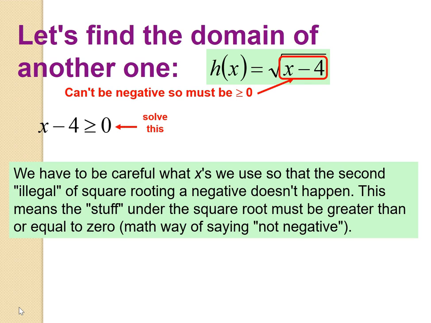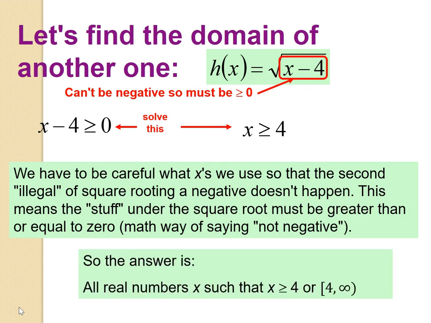And there's your inequality, and you can solve that. We add 4 to both sides, and we get x greater than or equal to 4. And that's your domain. The answer is all real numbers x such that x is greater than or equal to 4. Or in set notation, it starts at 4 with a bracket. The bracket means it can actually be 4. And then it continues all the way up to infinity with the parentheses.